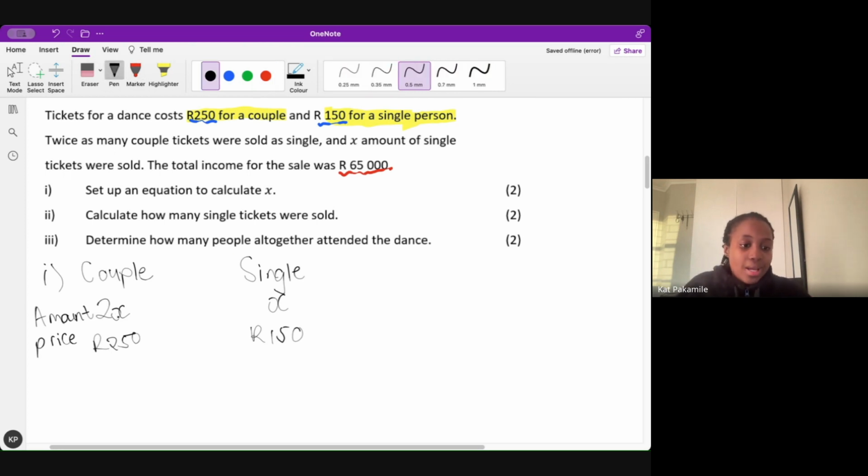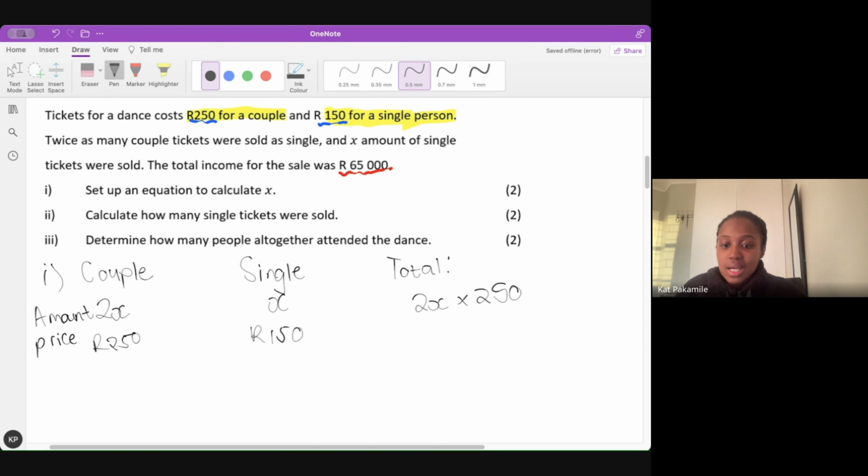Now let's check. If 2X couple tickets were sold and one of them was 250, then in total for couples, 2X times 250 was made. Are you with me, guys? Can I have some sort of indication that you understand what I am saying?